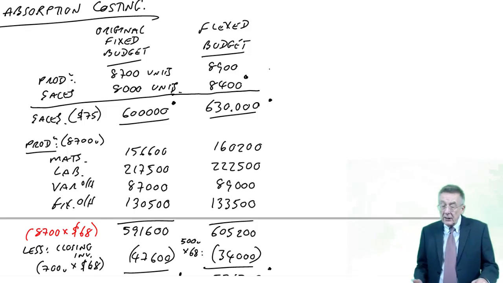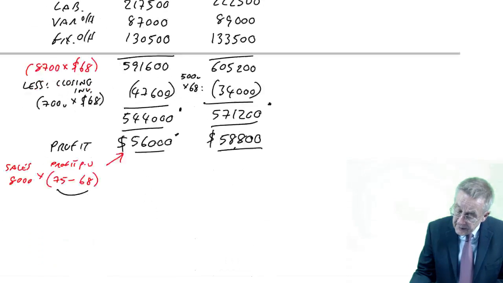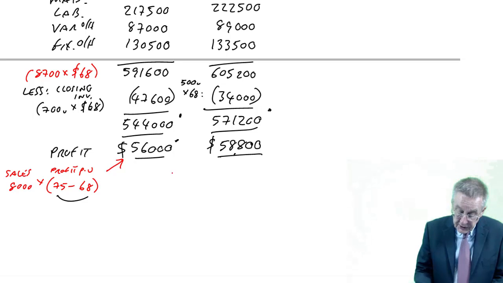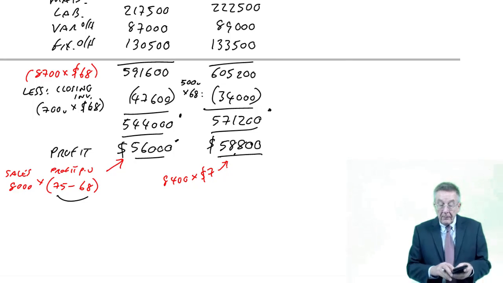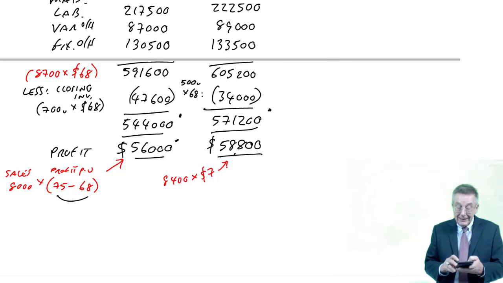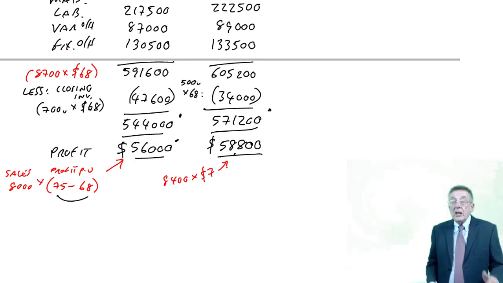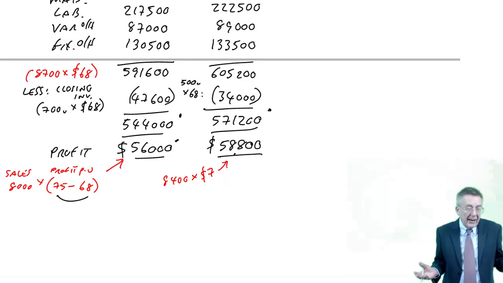Well, you told me $7 a unit. So I immediately expect 8,400 sold at $7 a unit, I expect 58,800.